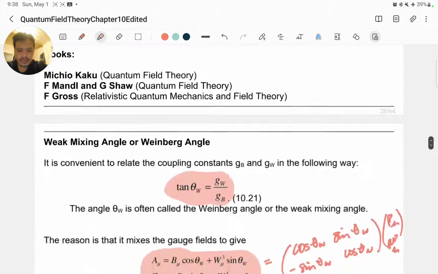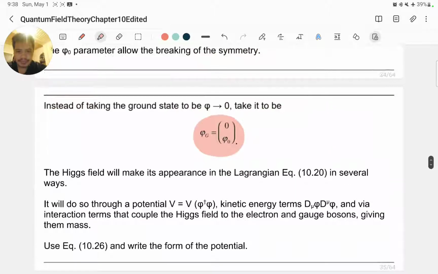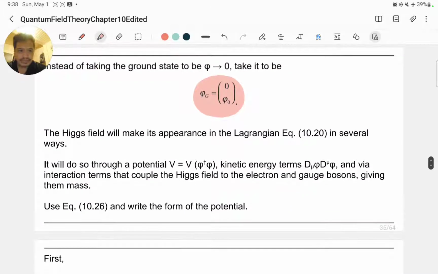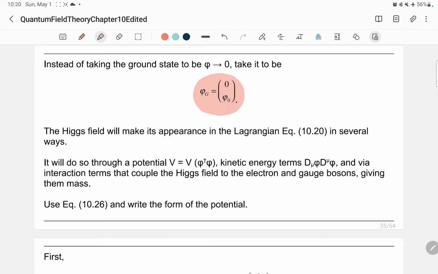So going back, the Higgs field will be introduced through a potential here, and the kinetic energy terms and the interaction terms that couple the Higgs field to the electron and gauge bosons.